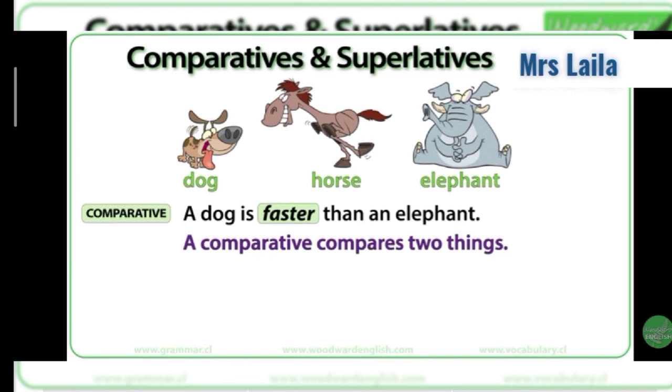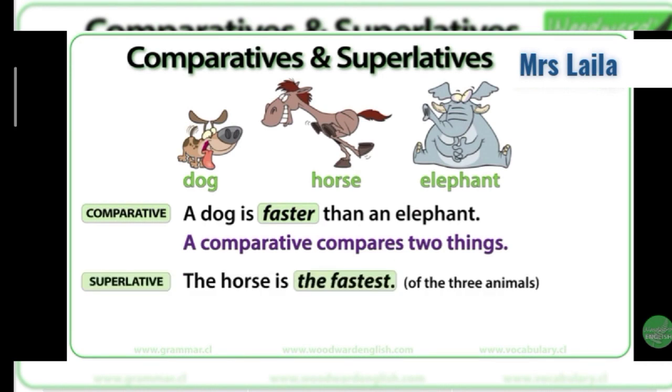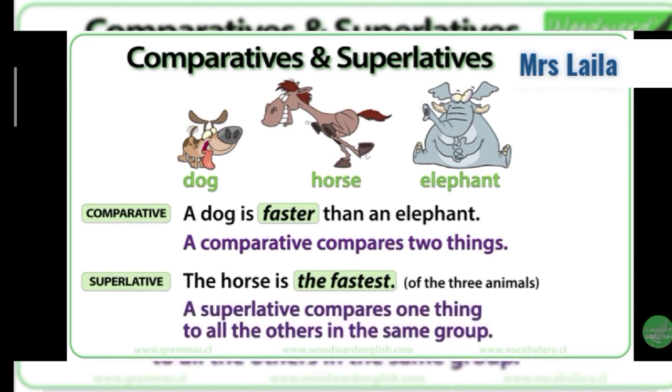Now, let's compare the other two animals. The horse with the elephant and the dog. We say the horse is the fastest, which means that the horse is the fastest animal of the three animals.